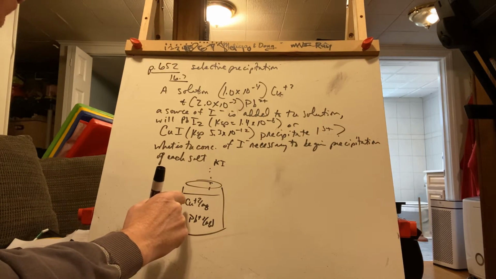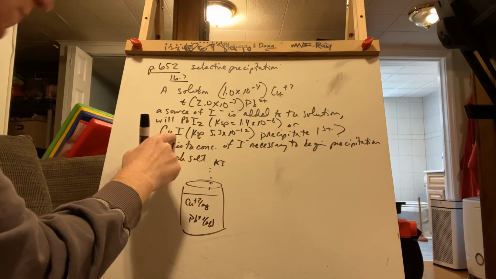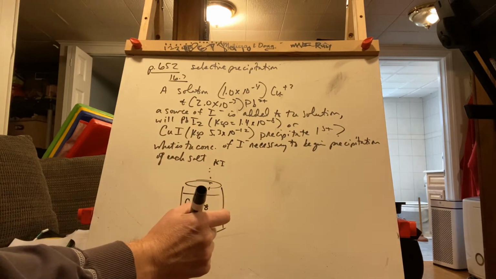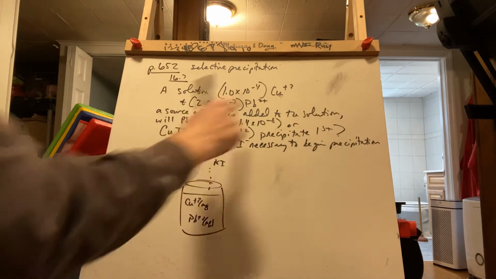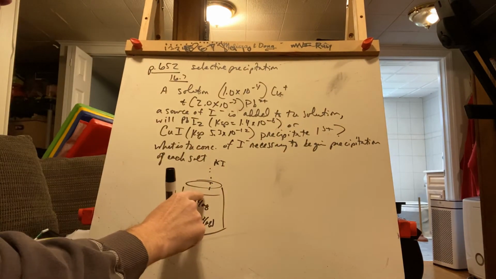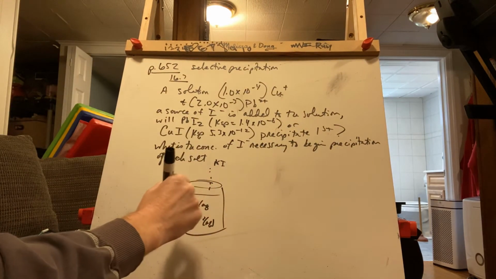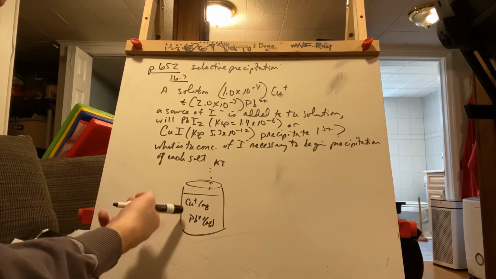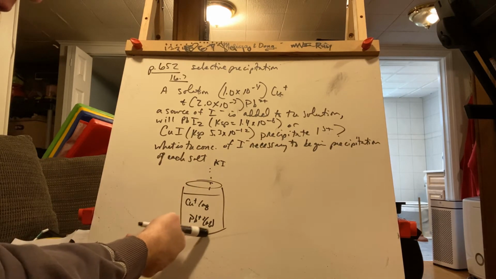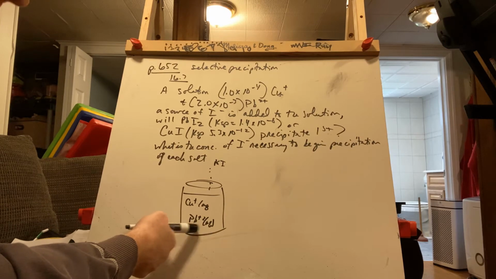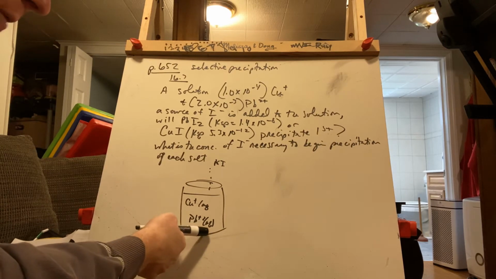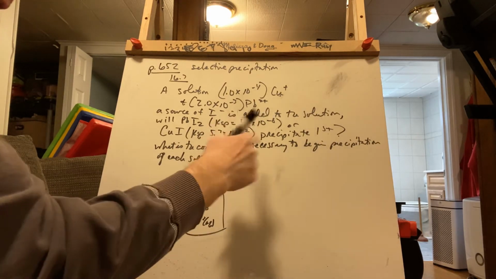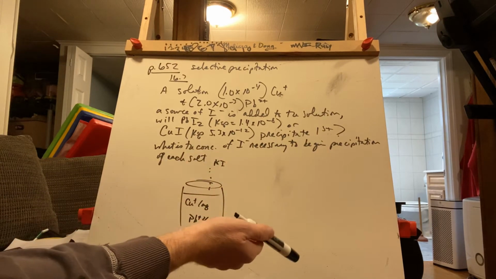Is it plus one? Sorry, CuI, it is plus one. So either CuI is going to fall to the bottom first, or Pb2 plus is going to fall to the bottom first. And that's what they're asking for. And then the calculation is actually really simple.